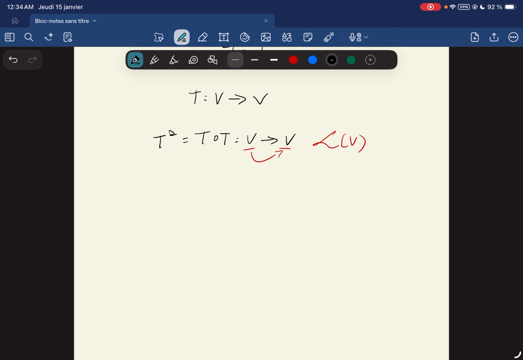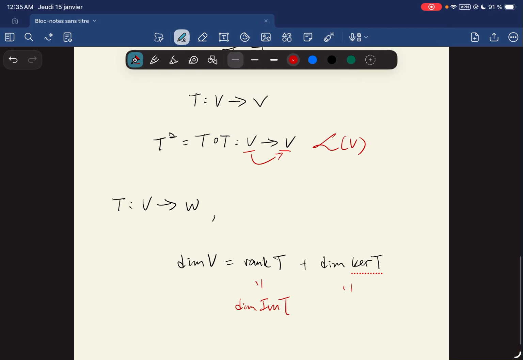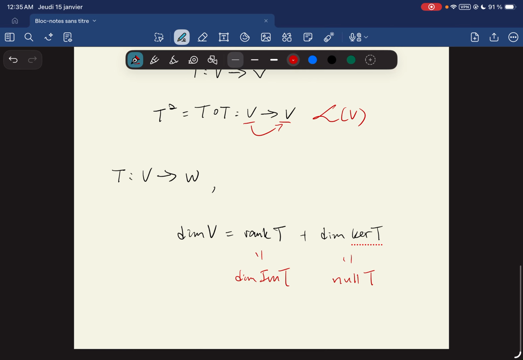The dimension theorem states that if we have a linear map from V to W, then the dimension of V equals the rank of T, which is the dimension of the image of T, plus the dimension of the kernel. You can also write it as the nullity of T.